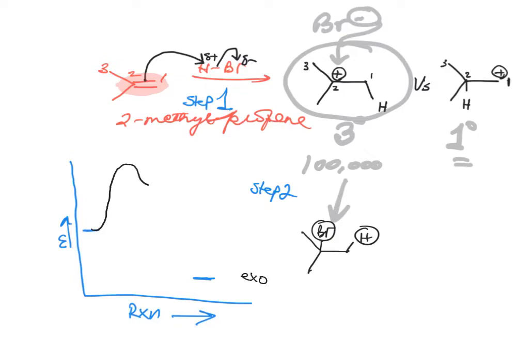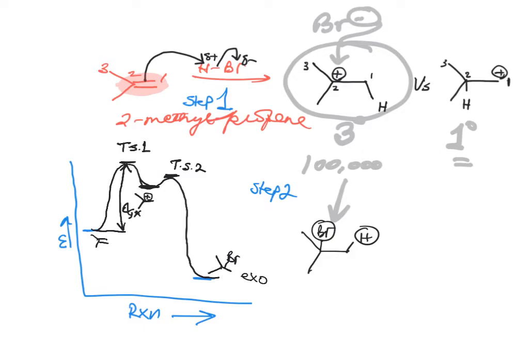So it will look like this, where the peaks are going to be the TS1, the transition state 1, the transition state 2, and the valley that you have is going to be your carbocation intermediate. This is where you have your product. This is where you have your starting alkene. If you wanted to determine the energy of your transition state 1, that is delta G double dagger 1.